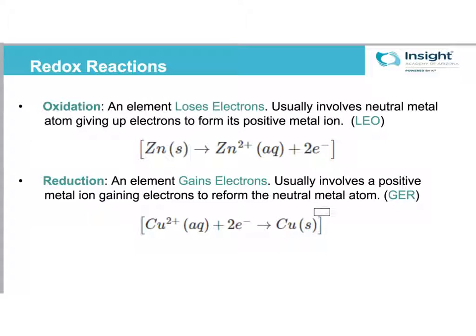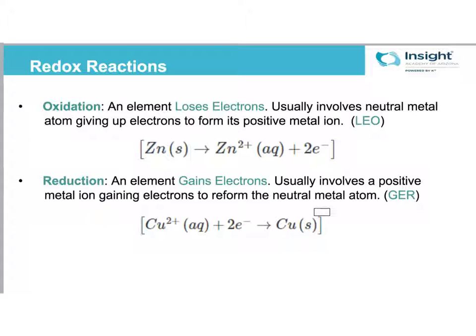But oxidation, all right, I'm trying to give you some tricks as far as how to remember these, but oxidation is when an element loses electrons. All right, so when we are looking at those two half reactions we saw before, the zinc was going through oxidation.